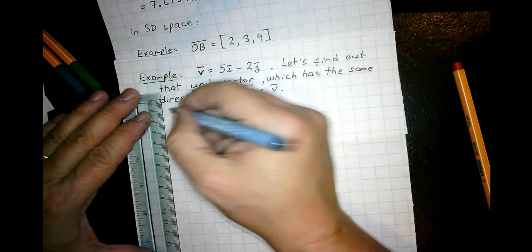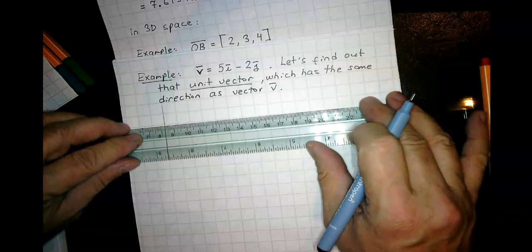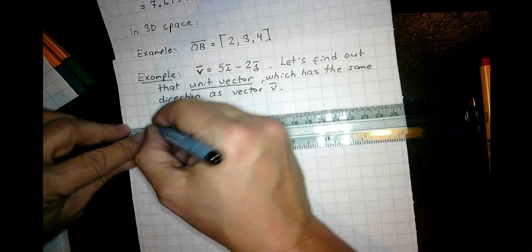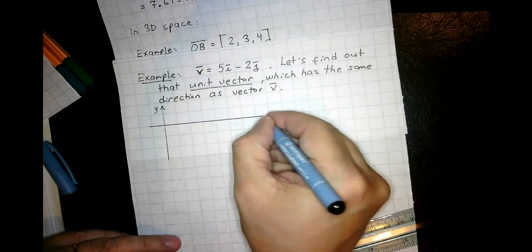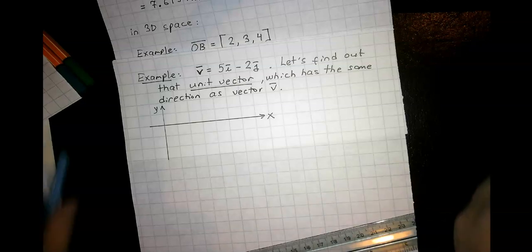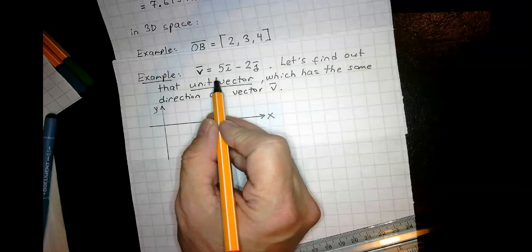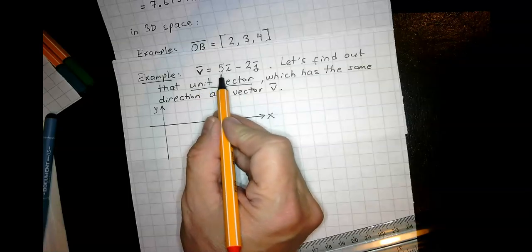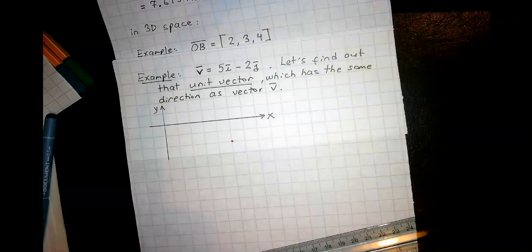So let's draw that picture there. Now we need only draw a small part. Here is positive y-axis and positive x-axis, and the point which is the end point of this vector v is (5, -2) in my coordinate here.